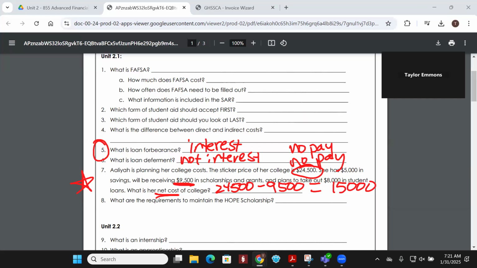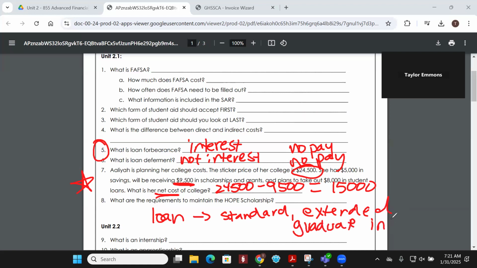This is another one that you messed up on your quiz. Which loan, standard, extended, graduated, or income based, would give you the least amount of interest? Standard.